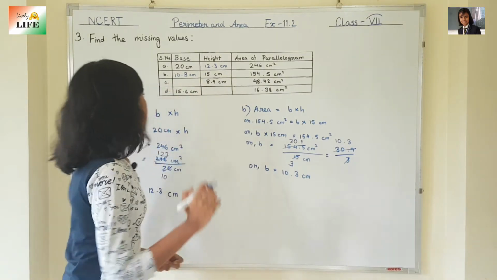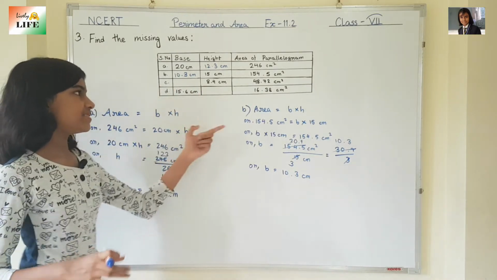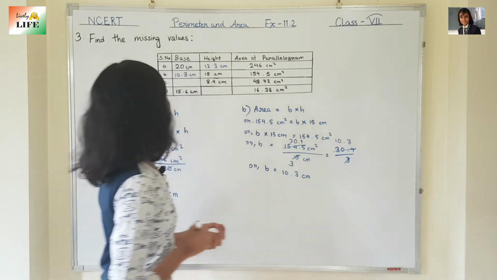Okay, now let's move to question number C. In C also you can see base is missing, height is given and area is given. So we need to find out the base.